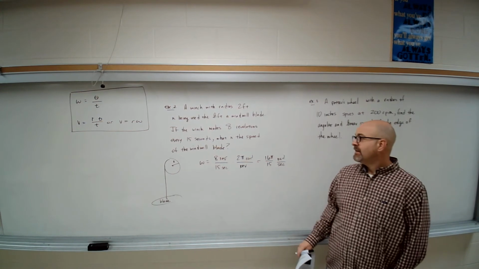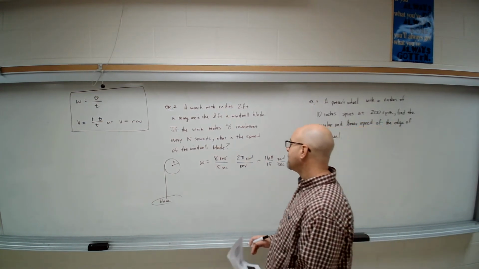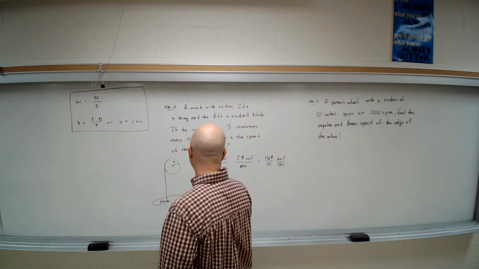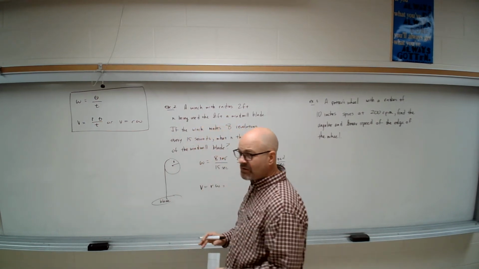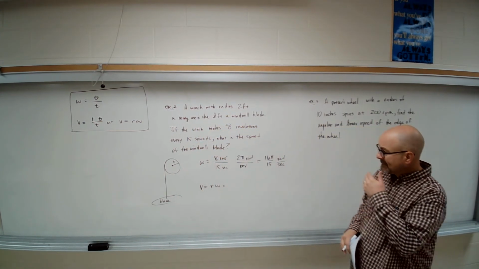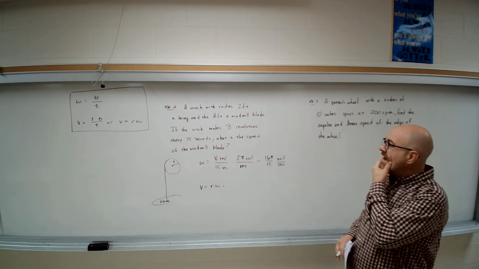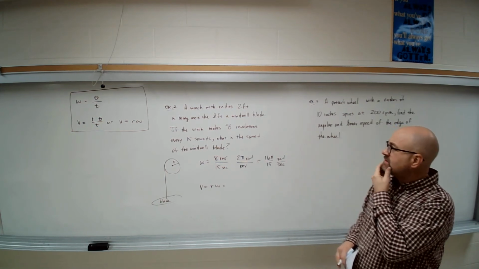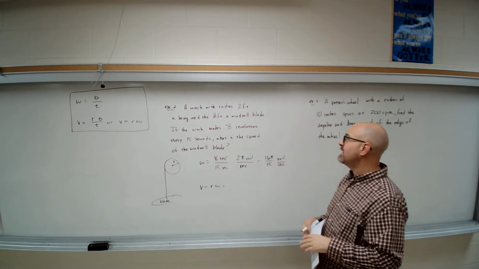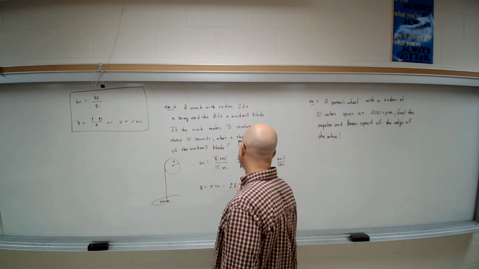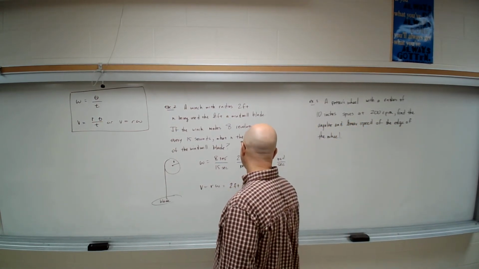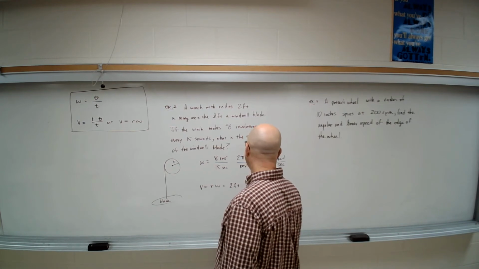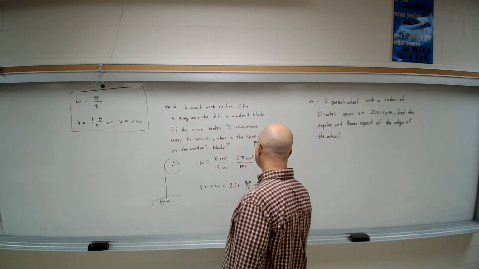So then we want to find the speed of the blade, which will be v. Again, I'm going to just do r times omega. And that's going to give us, it's 2 feet. So 2 feet times 16 pi over 15 radians per second.